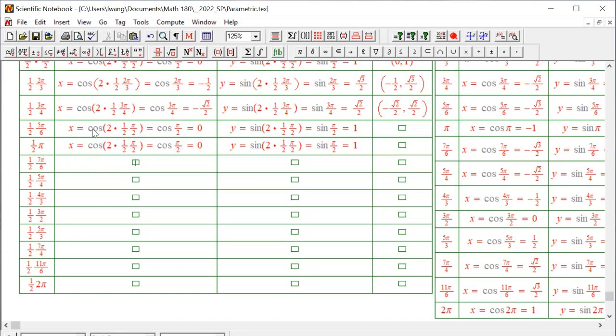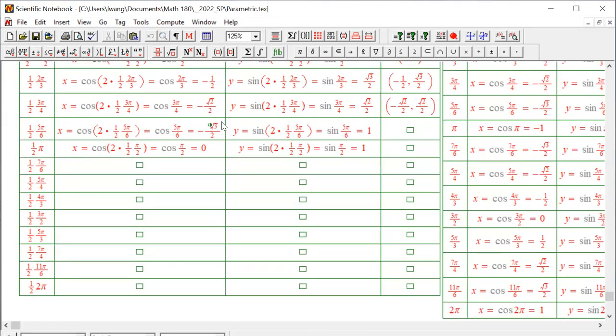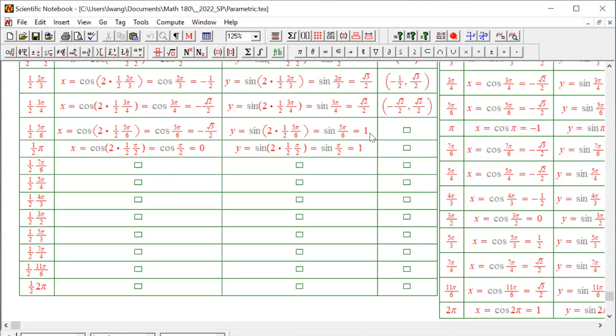And this next one, 5 pi over 6. You can see the choice of numbers. Cosine 5 pi over 6 is negative root 3 over 2, and this other one is going to be half.